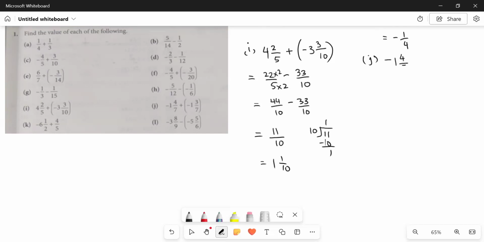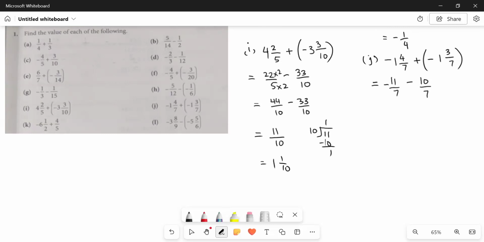Minus 1 whole 7 upon 4 plus minus 1 whole 3 upon 7. Now, in this situation, we can see the denominators are same. So we don't need to multiply them with any other number. 7 ones are 7 plus 4, 11 upon 7, minus plus minus minus. 7 ones are 7 plus 3, 10 upon 7.